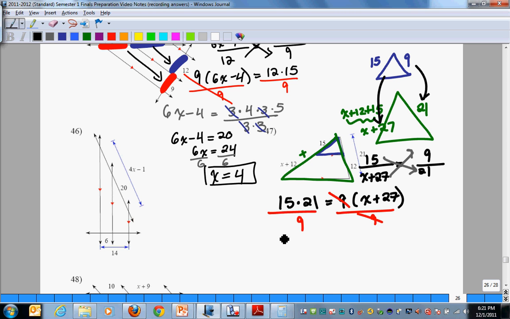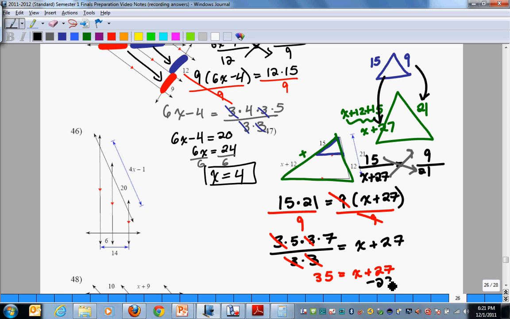Factor on the left. 3 times 5 and 3 times 7. Down below is 3 times 3. Threes cancel, and another 3 cancels. So we have here 35 equals x plus 27. We're going to minus 27 both sides. And x equals 8.